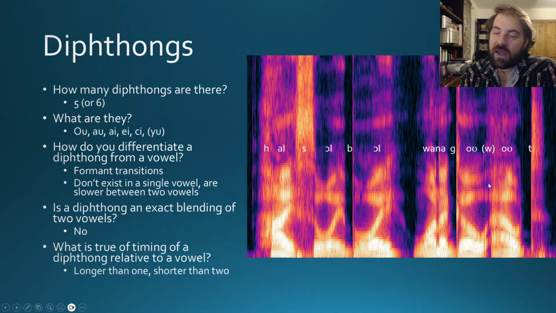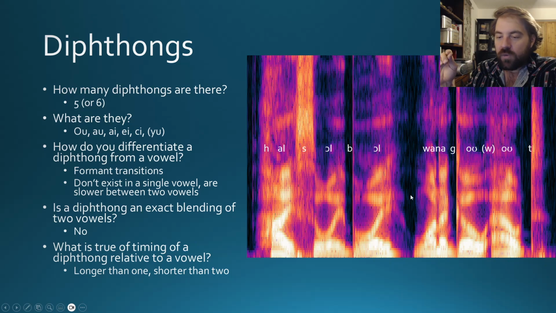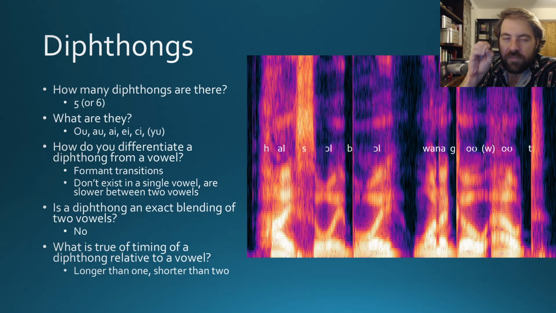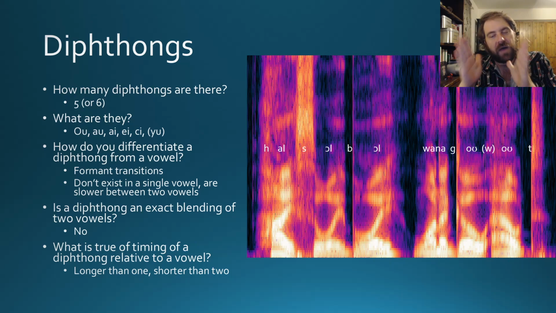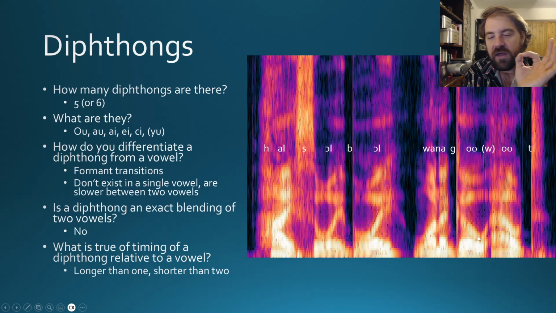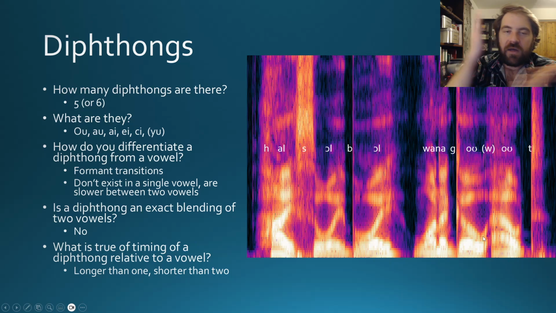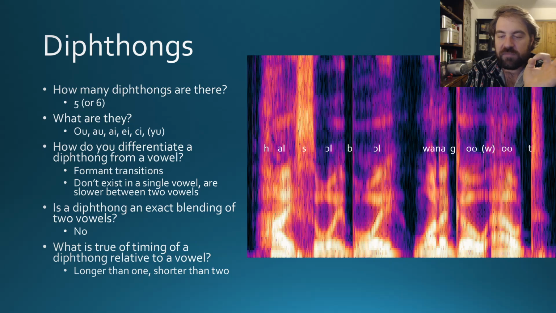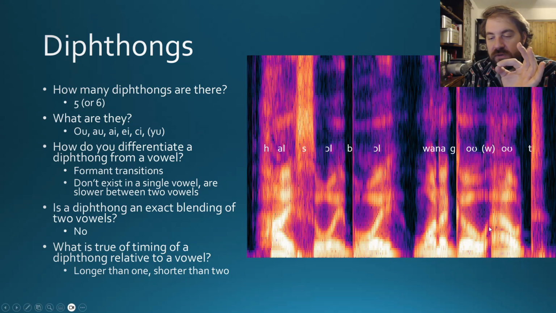And then I have a W that's kind of in parentheses here, because when you say "go out," you get a little bit more rounded on that first O, and then you kind of have a pause. So what you're seeing here is a little bit of extra rounding, a short pause before "out." You can see the transition is beginning before the voicing stops.